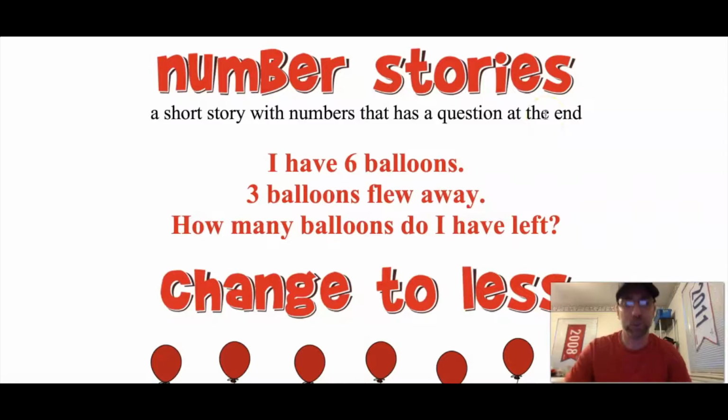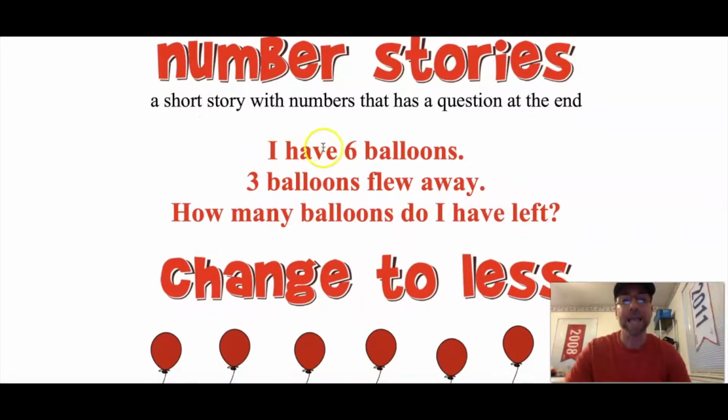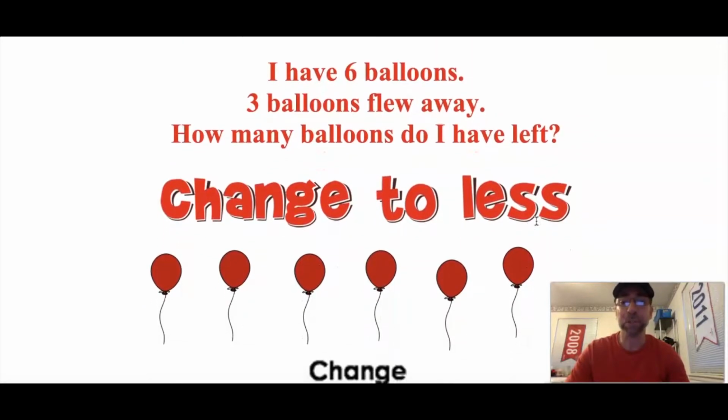Here's my story. I have 6 balloons. 3 balloons flew away. How many balloons do I have left? This type of number story is called change to less. That's because I'm losing something. This time the balloons are flying away.